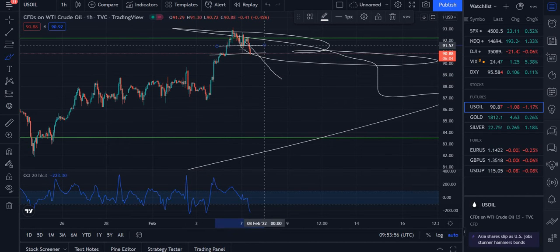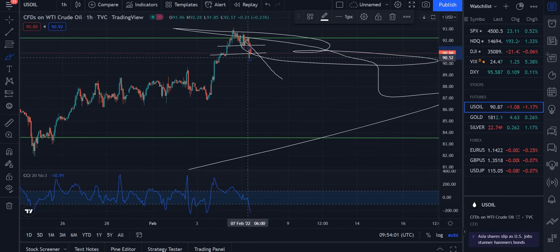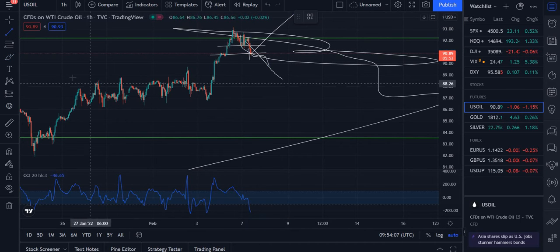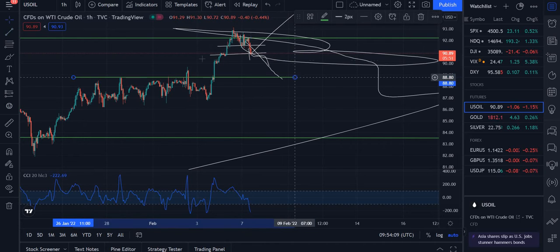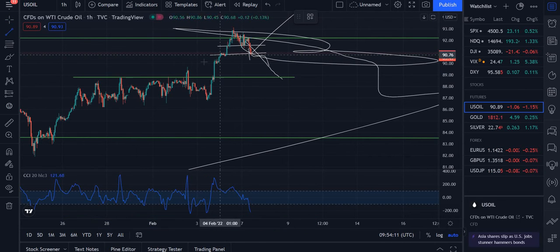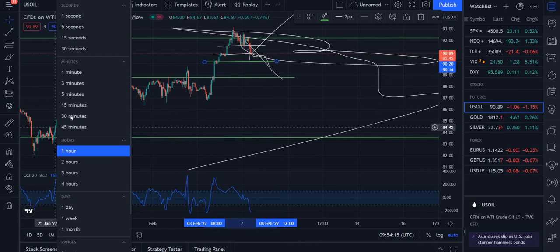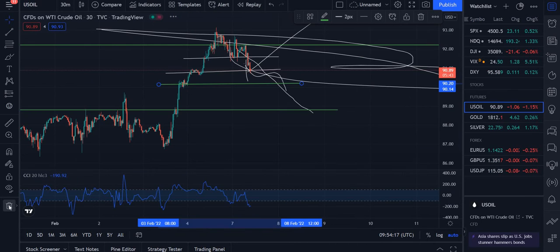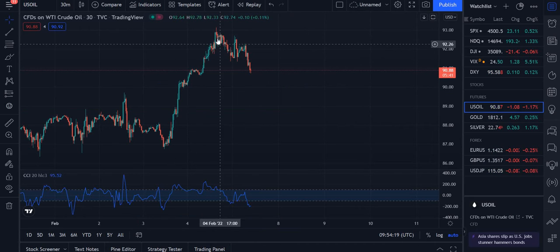Here a bit of a pullback. So broke the structure on the 1-hour chart, but CCI is pretty low, which could either mean we will head up here or continue to fall somewhere to here, or here would be another smaller support line. 30-minute chart, so here basically lower trend, here is the structure.